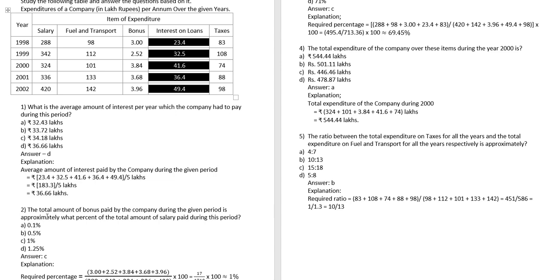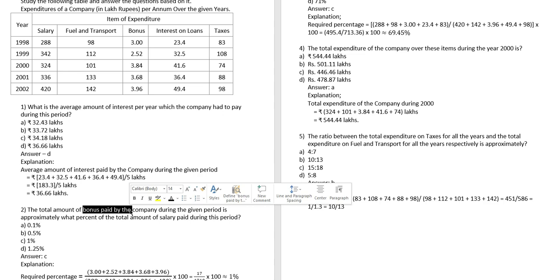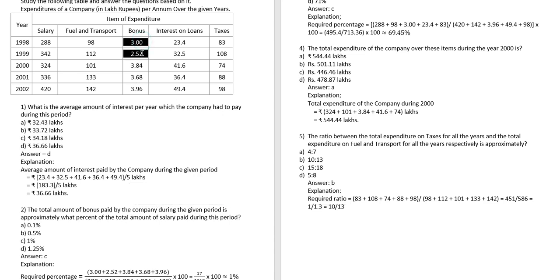The total amount of bonus paid by the company during the given period is approximately what percent of the total amount of salary paid during the period? So total bonus paid divided by salary paid. Total bonus paid is 3.00 plus 2.52 plus 3.84 plus 3.68 plus 3.96.